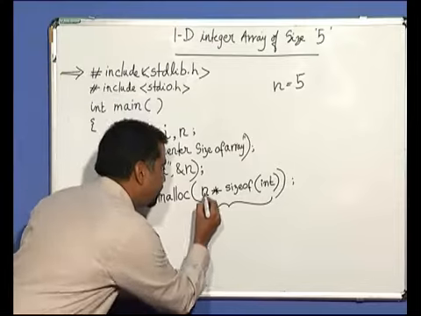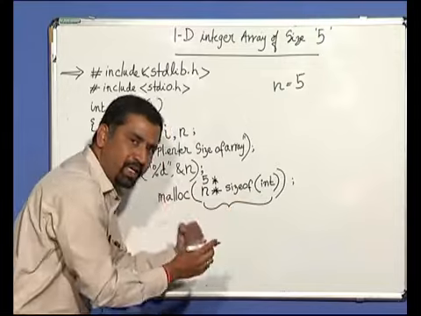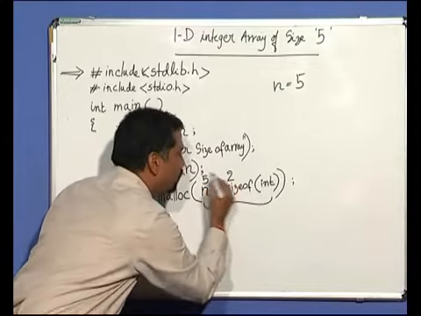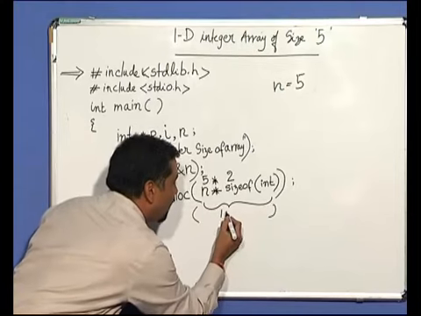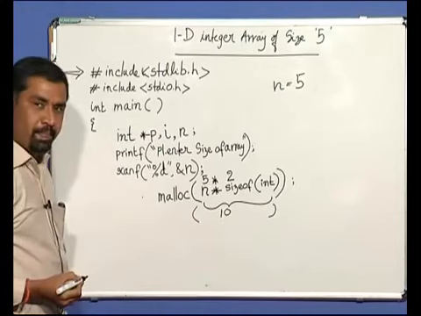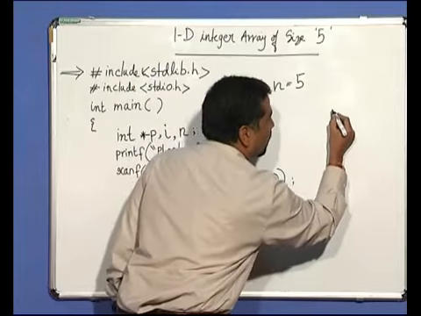N is 5 multiplied by sizeof int. Assuming it returns 2 bytes, it will be 2. So totally the malloc's argument here would be evaluated to 10. So malloc will now allocate 10 bytes in memory.